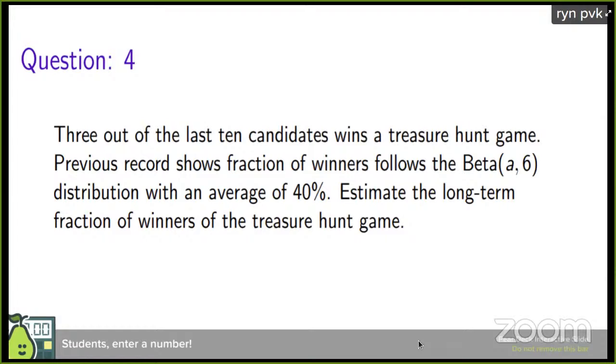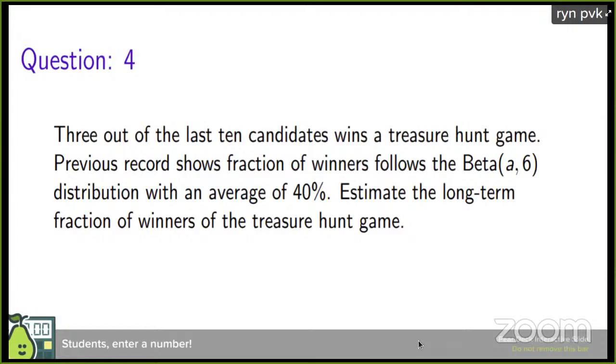Each 0 or 1 belongs to a Bernoulli distribution with unknown parameter p, the probability of success. You can call the fraction of winners the unknown parameter and solve it however you want.